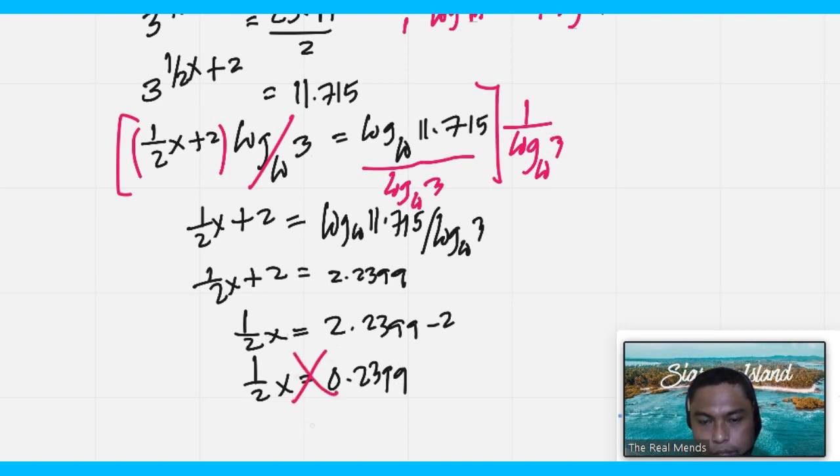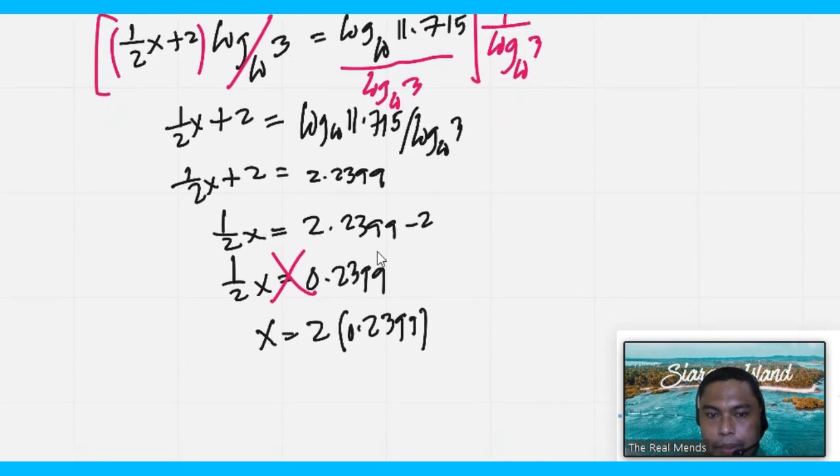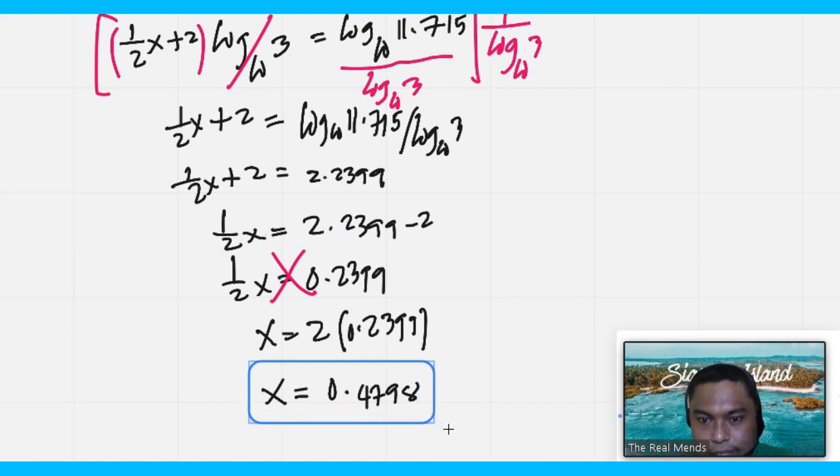Then cross multiply, so x is just 2 times 0.2399, and x is 0.4798. So this will be our answer.